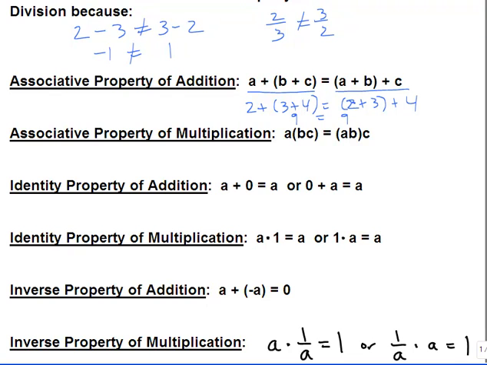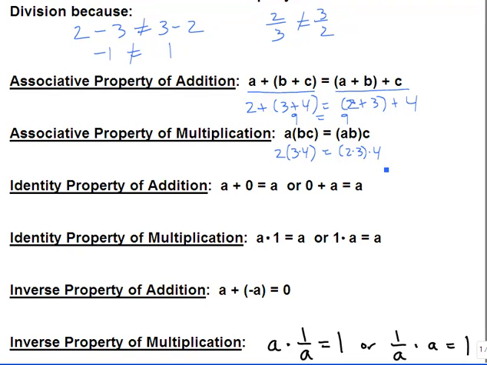Similar rule for multiplication. It doesn't matter how we group together our terms. So for example, 2 times (3 times 4) would equal (2 times 3) times 4. So we could multiply together 3 and 4 first and then multiply by 2, or multiply 2 and 3 first and then multiply by 4.